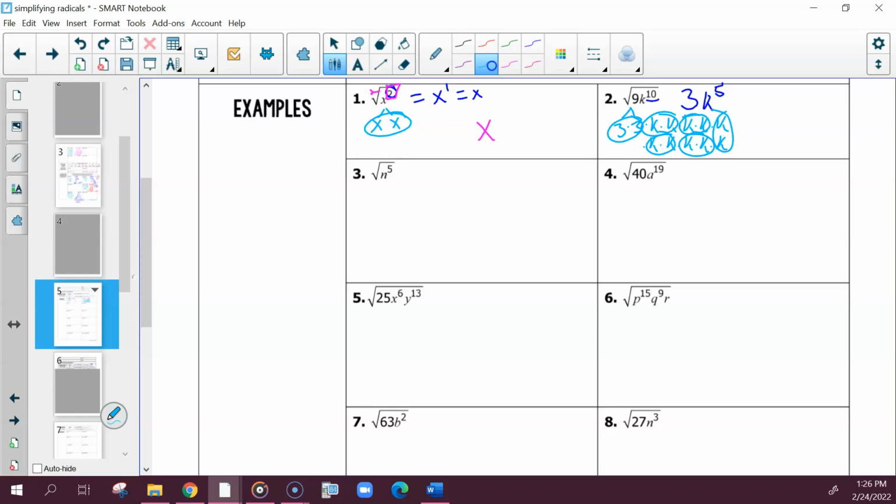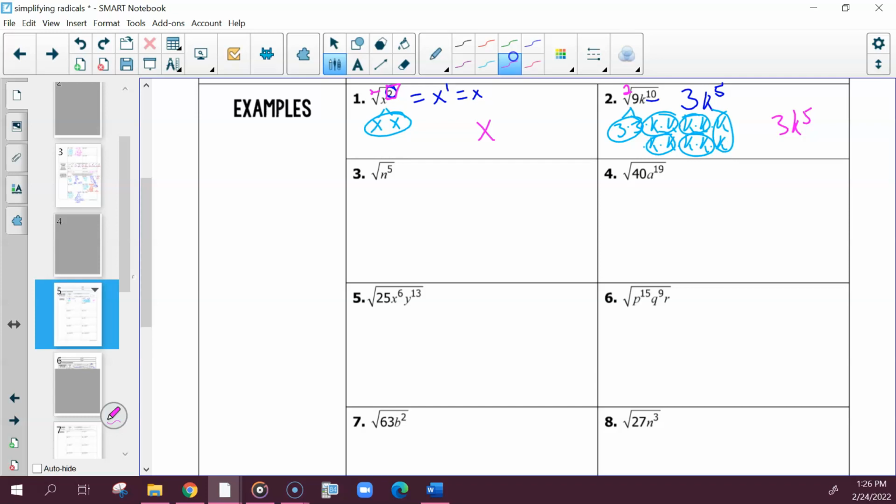And that would be the same as 3k to the 5th. And then if you're thinking about it as the pink method, you would do, okay, the square root of 9 is 3, so that would be that. This is an exponent of 2, or the square root of 2. 2 goes into 10 5 times with nothing left over. So however you see that best, do that.